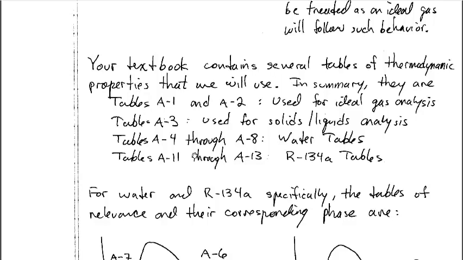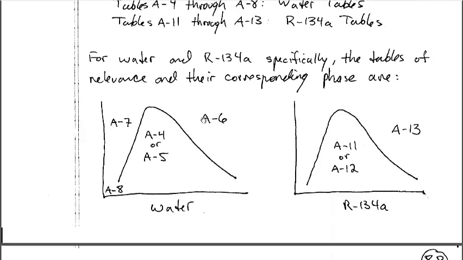Where all of those various tables correspond to the substance's phase, I've provided in these two plots here, where this is meant to represent the saturation dome for water. If I need to know property data for water when it's a compressed liquid, then I go to table A7. If I need property data for water when it's a saturated mixture, then I go to either table A4 or A5.